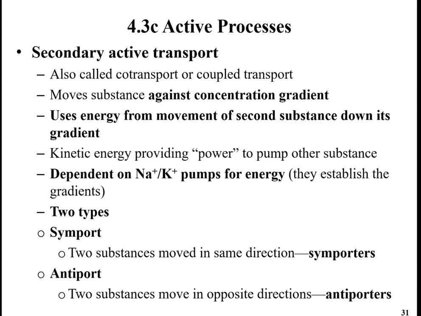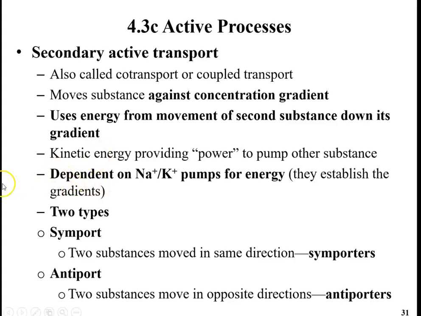All right, and then there's secondary active transport. This is also called co-transport or coupled transport. And this moves a substance against its concentration gradient, but it uses energy from movement of a second substance down its gradient.